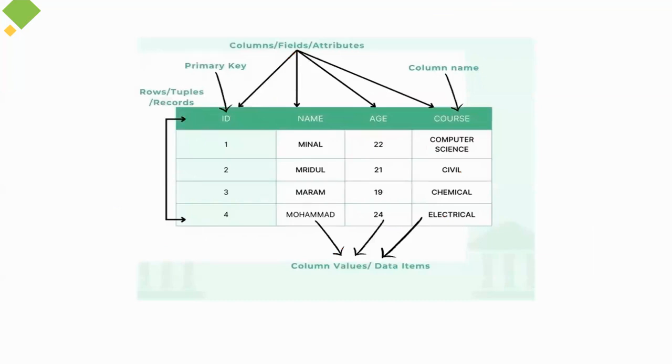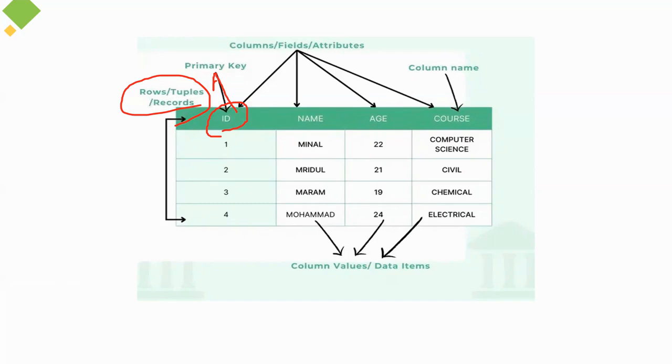Here is a pictorial representation. These are called rows, or tuples, or records. We discussed the primary key earlier. It uniquely identifies the row, and we will also have a dedicated video on all the different types of keys in the next video.